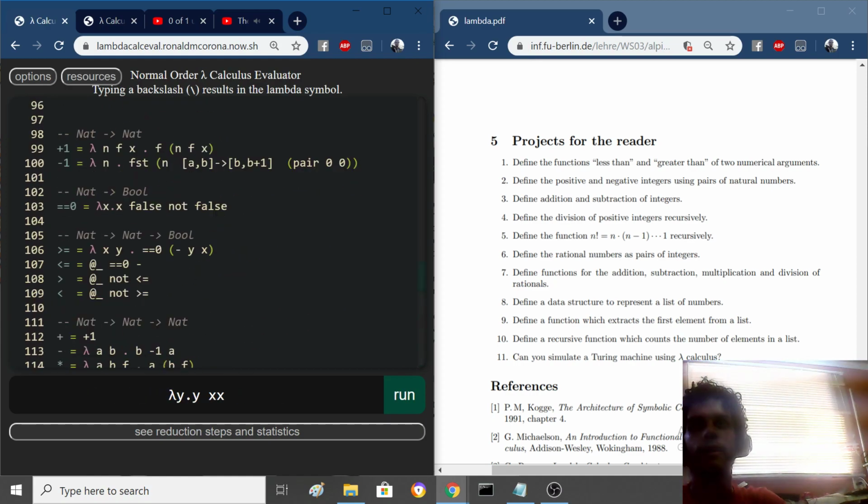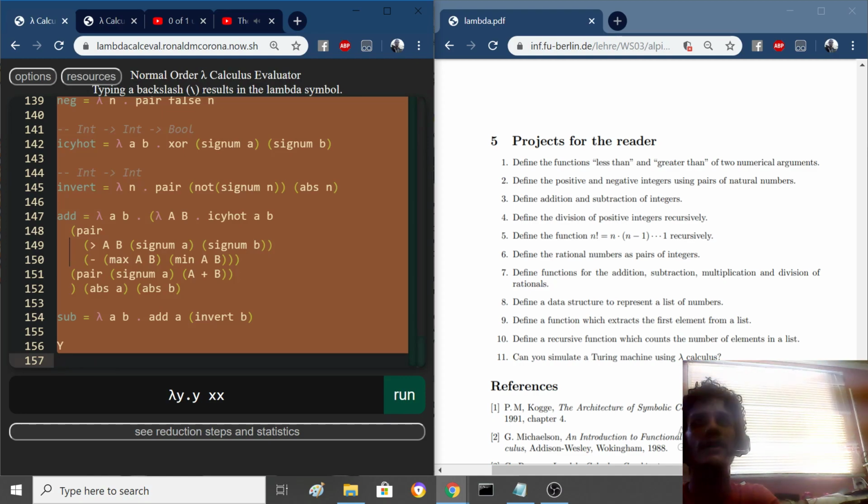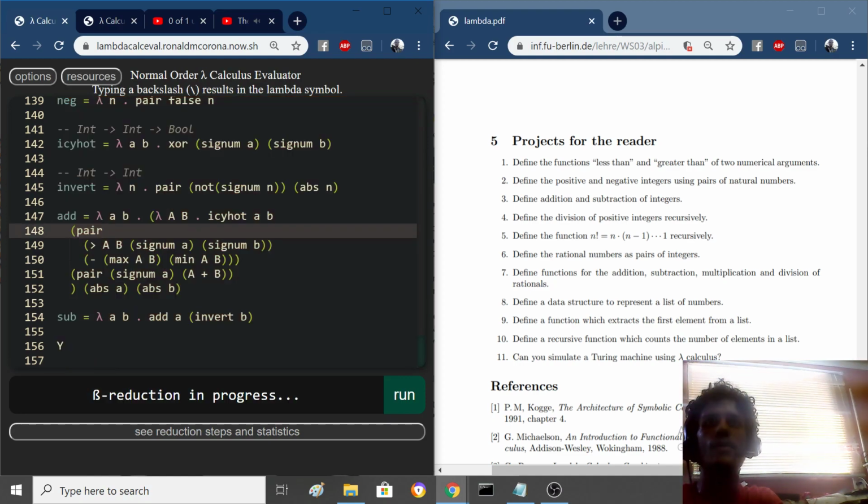It's divergent, I promise. The reason that's happening is because this xx, when you put no space between them, is not two different x's. This is a free variable. It has nothing to do with this x here. So please put spaces between your variables. So there we go.